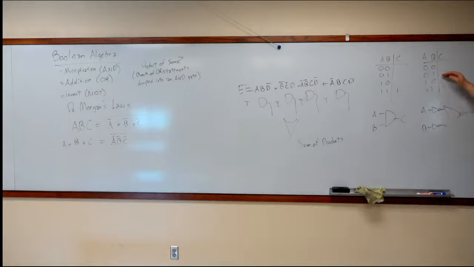Let's go ahead and take this case right here. A is off, B is on. We take A off. What is the value of this if A is off? This is equal to 0. This is equal to 1. So if A is off, then the output of this is on. If B is on, what is the output of this?